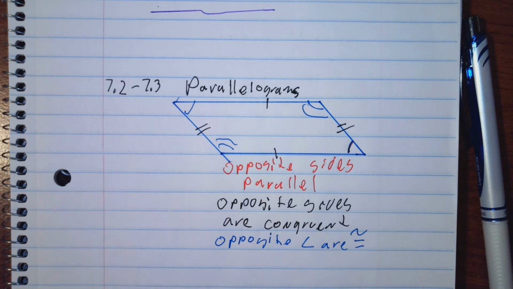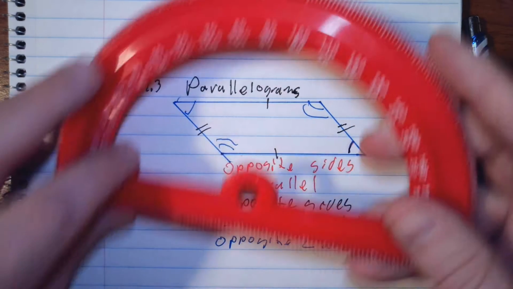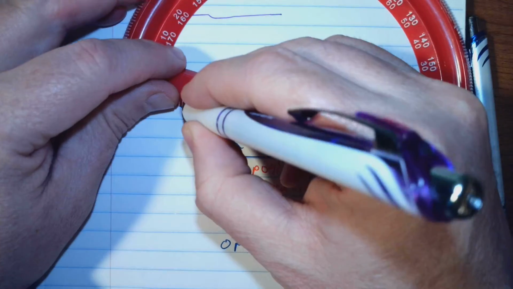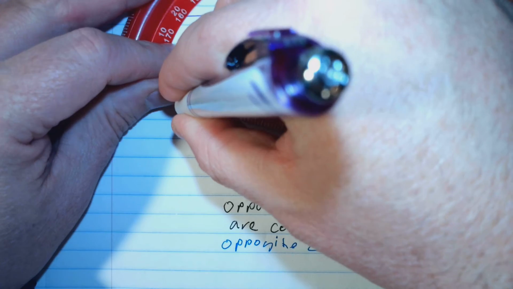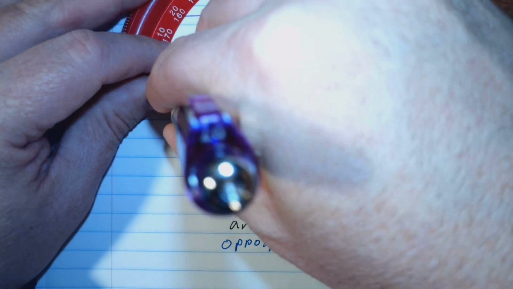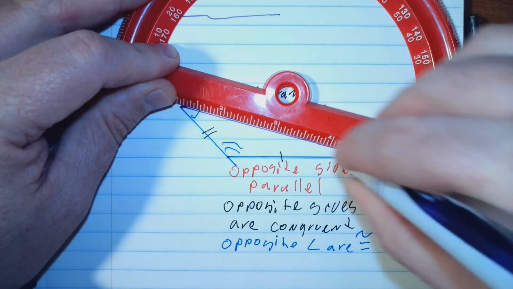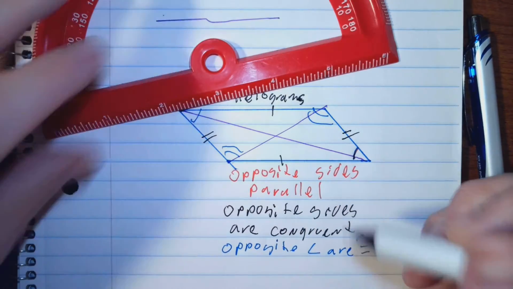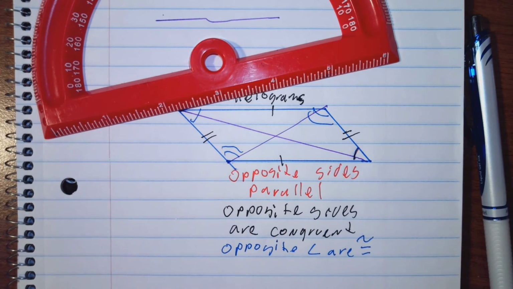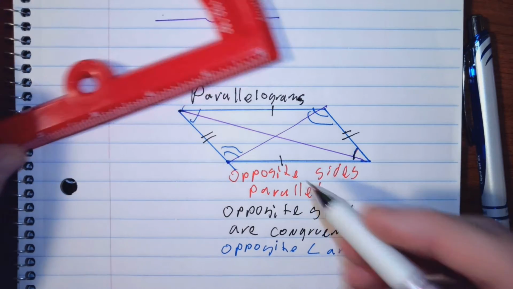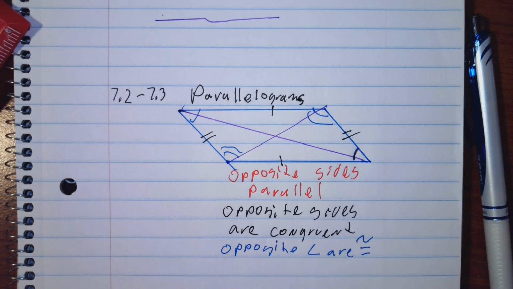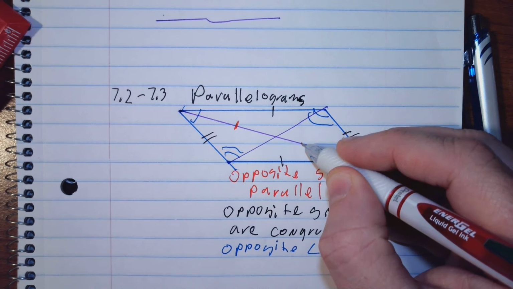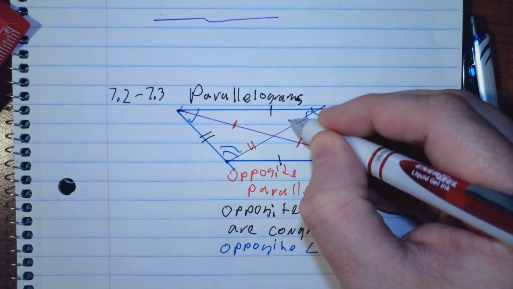Here's where it kind of gets different: the diagonals. This is what's going to be different from what you've done in the past for sure, and it's something that defines the various shapes. This could be difficult on your homework as well. Essentially, this and this are equal, and this and this are equal.